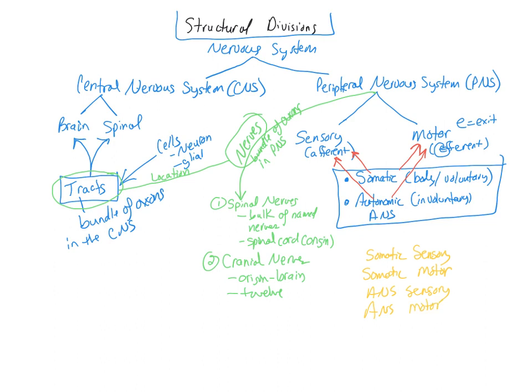And all of these can either be bundled into a spinal nerve or into a cranial nerve. Over here with our tracts, you will also have sensory divisions and motor divisions. All right, let's move on to the next slide.